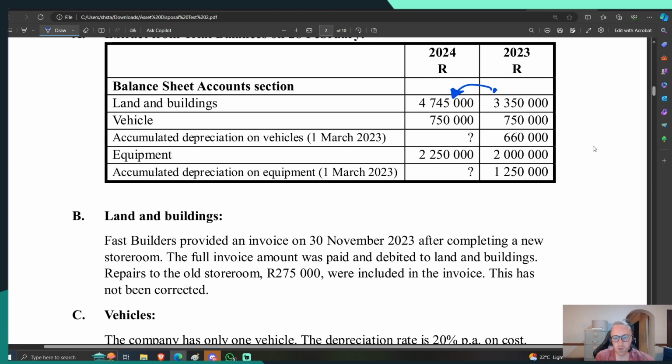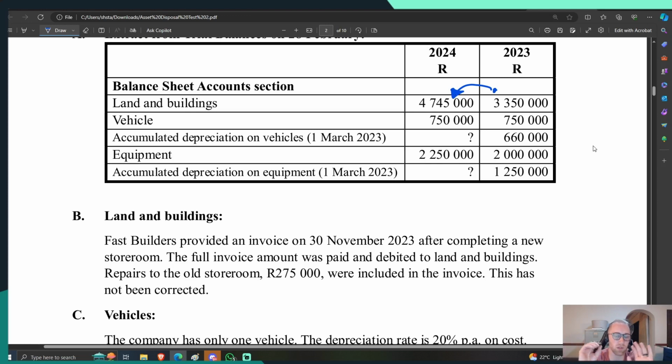The full invoice amount was paid and debited to Land and Buildings. Repairs to the old storeroom, 275,000, were included in the invoice. This has not been corrected.